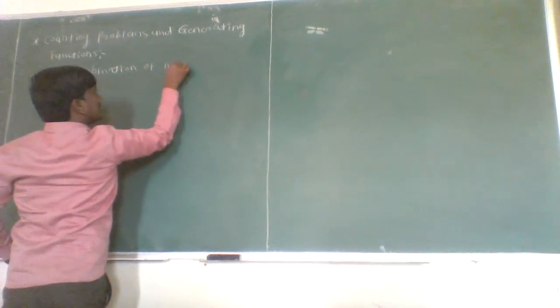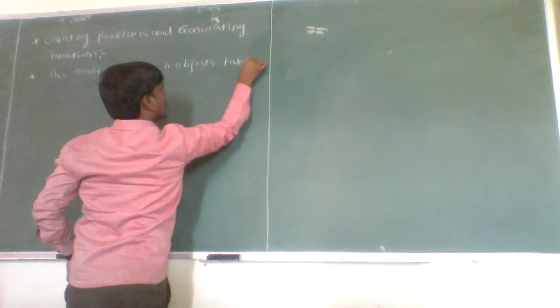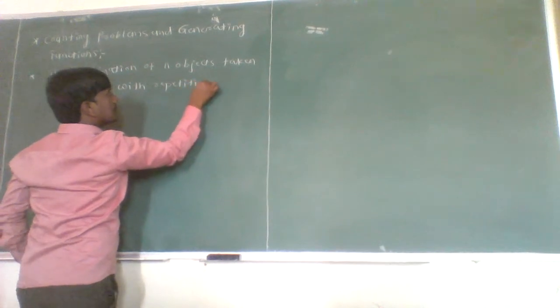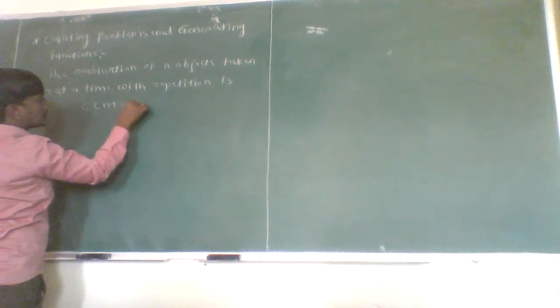In combinations, we have seen one rule, that is, the combination of n objects taken r at a time with repetition is C(n plus r minus 1, r).